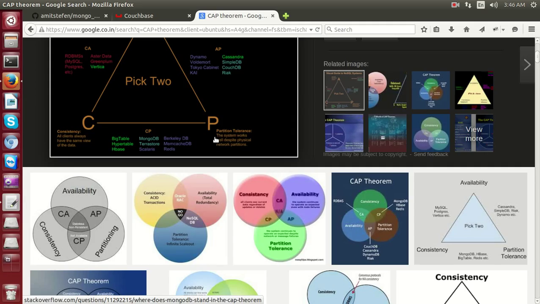Let's say you have two nodes, node A and B, and both of them are up and running, but the communication between them has broken. That means sync between node A and B does not happen. So you have two choices here.